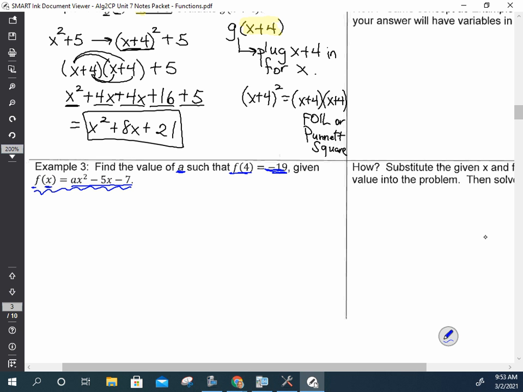So when they say that f of 4 is equal to negative 19, what that means is if you plug in x equals 4, negative 19 is the answer.